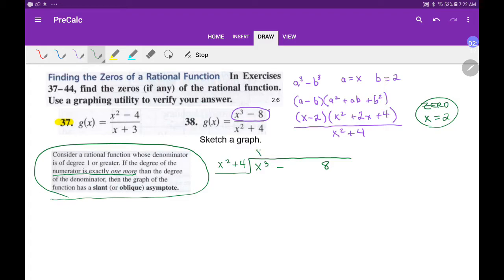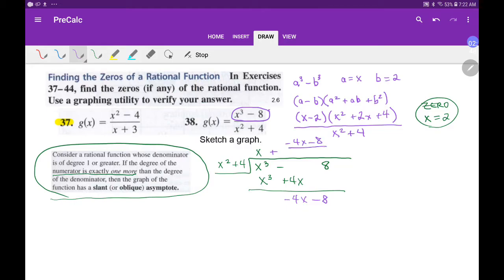Here it takes x times x squared, x to the third, and x times 4, so I have plus 4x. And I subtract, so I get negative 4x, and I have negative 8. And I can't make x squared plus 4 become negative 4x minus 8, so I just write that as a remainder.